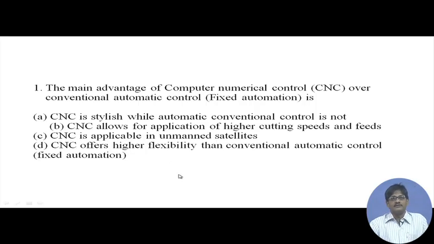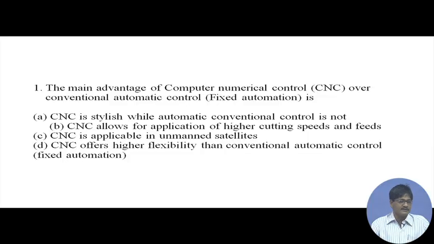The main advantage of computer numerical control over conventional automatic control, which is sometimes referred to as fixed automation, is, so the advantage of CNC over fixed automation is being asked for. First option is CNC is stylish, while automatic conventional control is not.